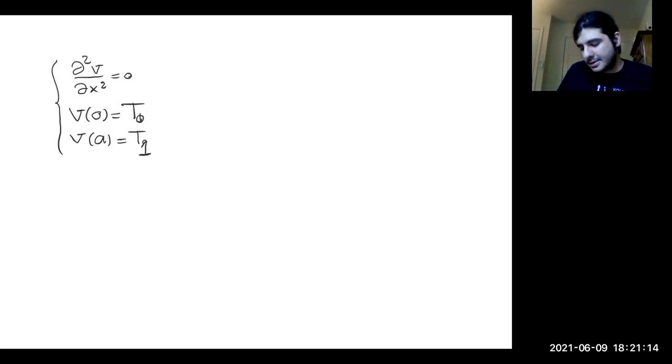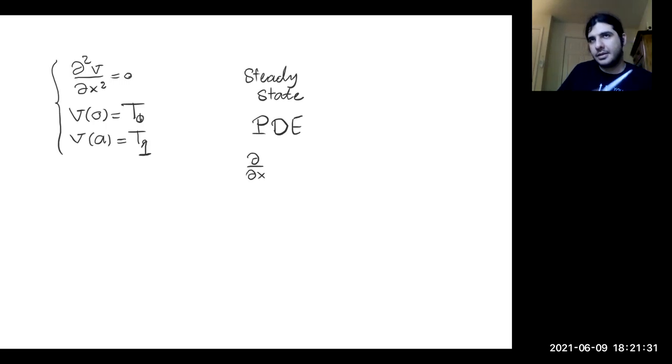But as you can see, the idea of using this steady state, this taking the limit, is useful because we started with a PDE in the sense that we had the second derivative with respect to x. We also had a derivative with respect to t.